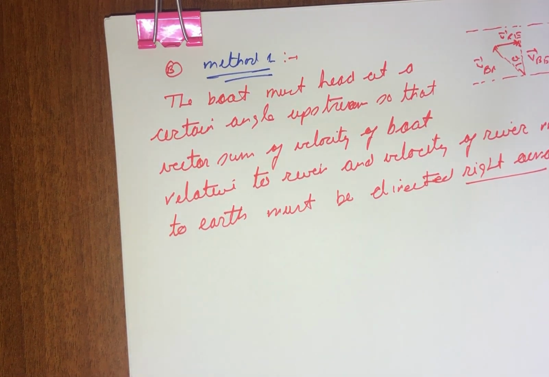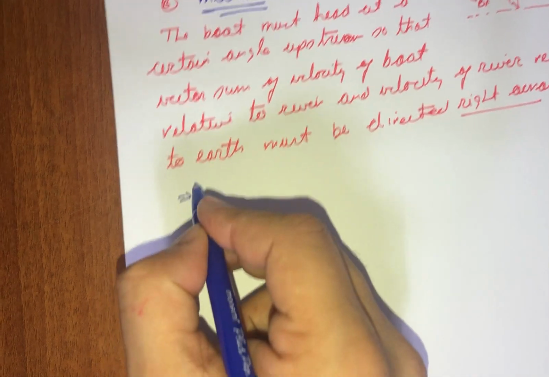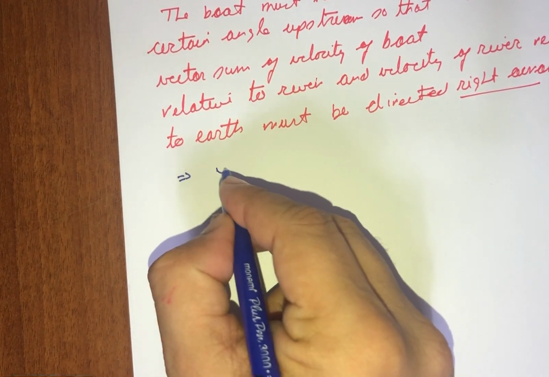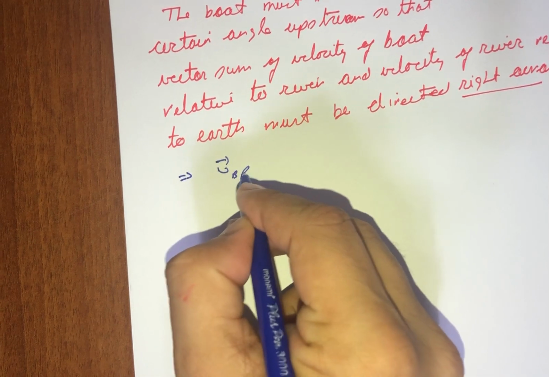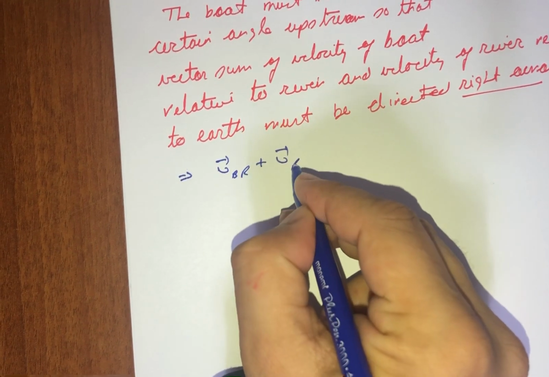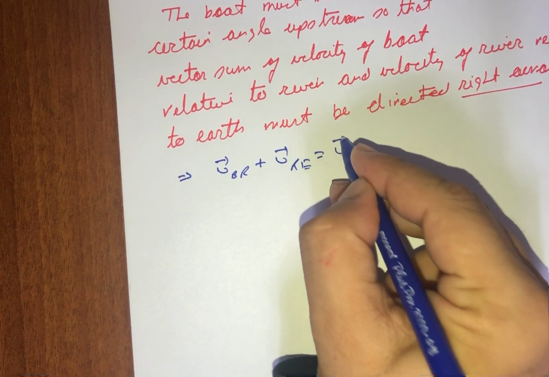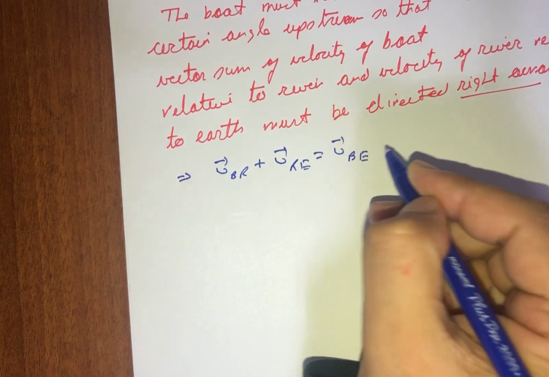Okay, right across. So we can write the vector form of this. This implies that VBR plus VRE should be equal to VBE.